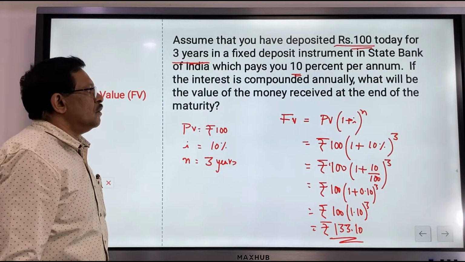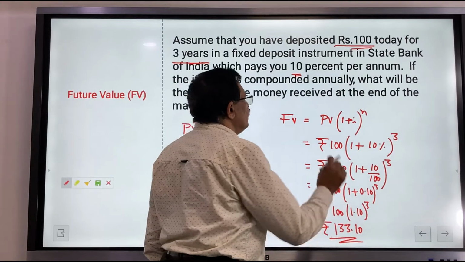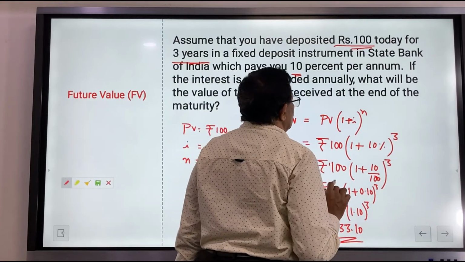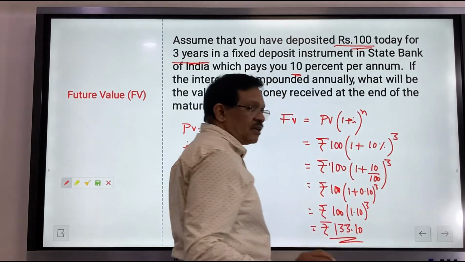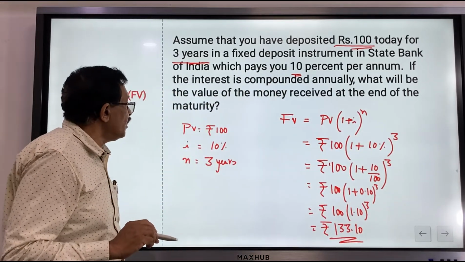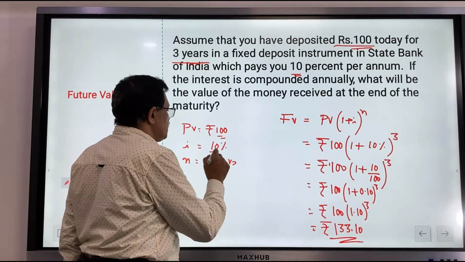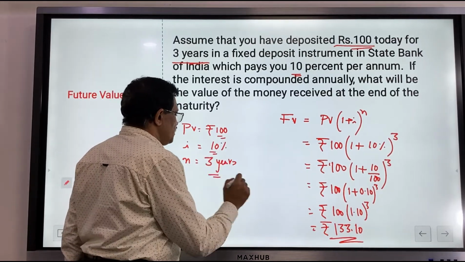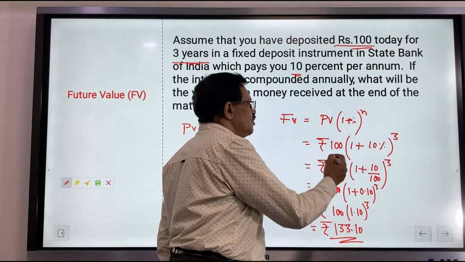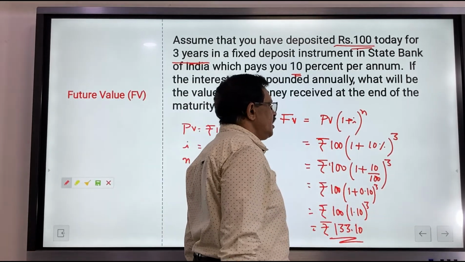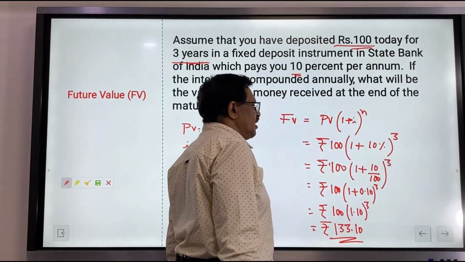So let me repeat. The future value can be computed with a formula wherein we multiply the present value with 1 plus I whole power of n. Here the present value is 100, I is given as 10%, n is given as 3 years. So let's substitute these values. 100 into 1 plus 10% to the power of 3.